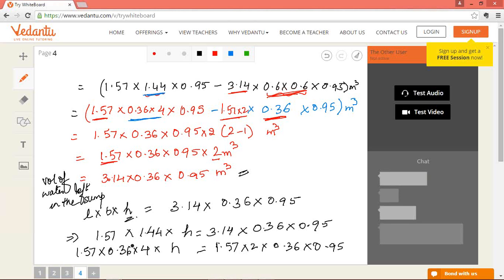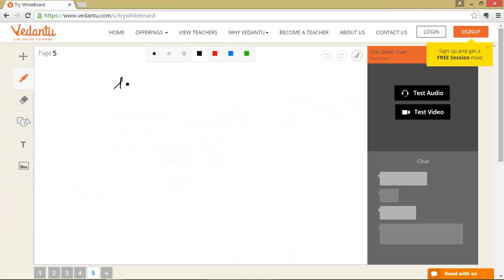That helps us in calculation. So 1.57 goes off, 0.36 goes off, and my height becomes 0.95 divided by 4.